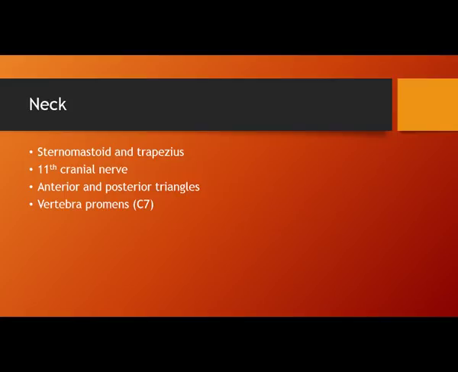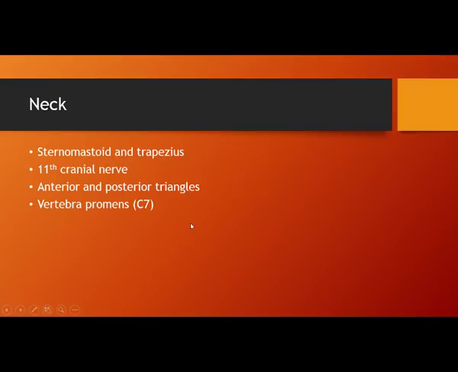These two form two triangles, the anterior triangle and the posterior triangle, which are important landmarks. The 11th cranial nerve, the spinal accessory nerve, is the nerve that gives us the ability to shrug our shoulders. So that's important also to the functioning of the head and neck.